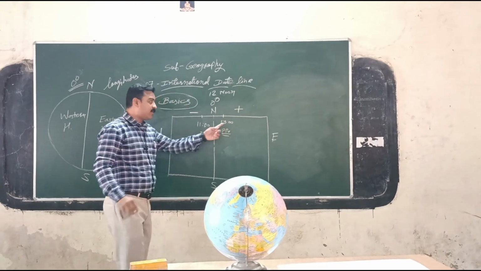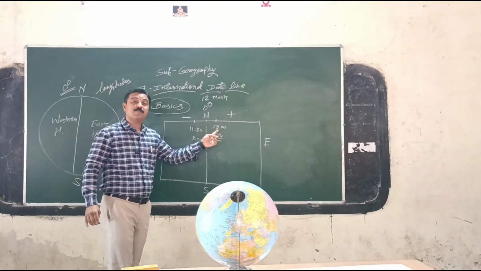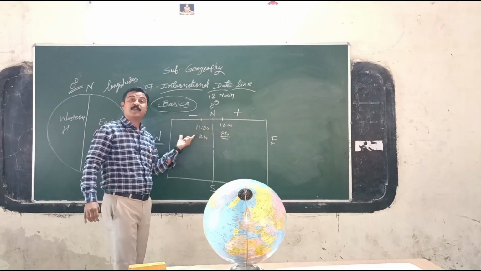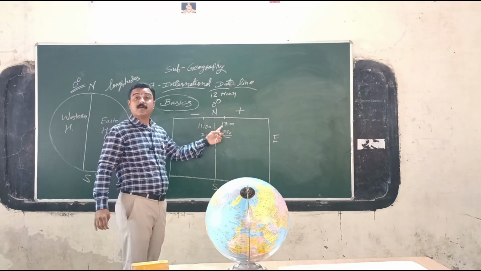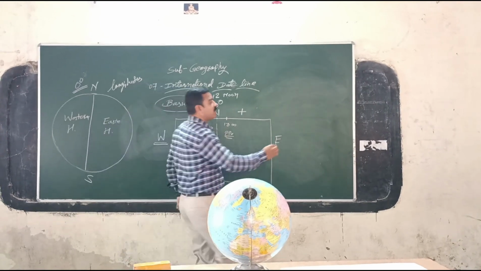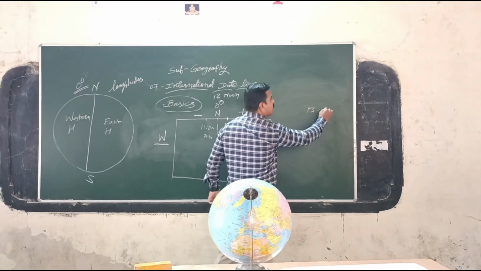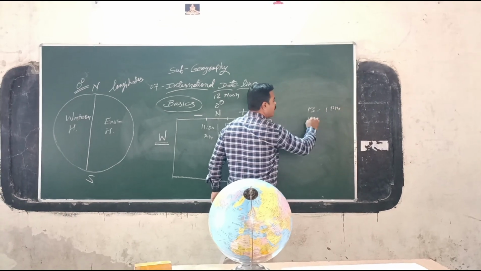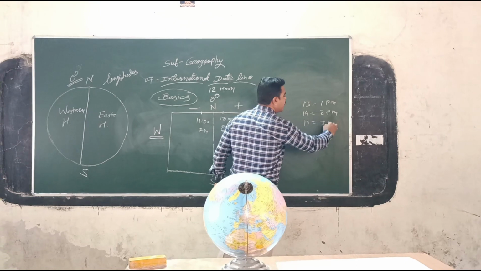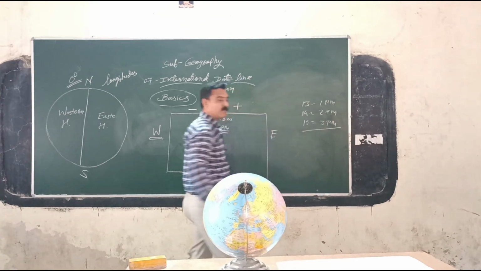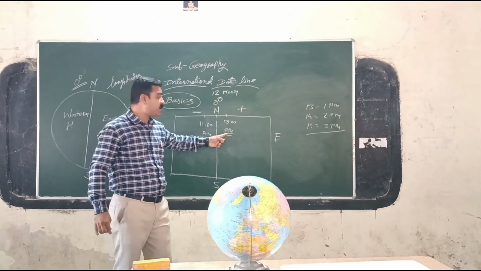Although it is written, it should be understood only. Because if we are writing 01, then 01 is to be considered as the morning time. So we have to be very cautious about this 1300 hours. So you should understand this. 13 is 1 PM, 14 means 2 PM, 15 means 3 PM, and so on. This is the thing you need to pay attention to.